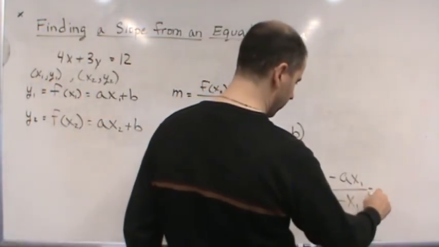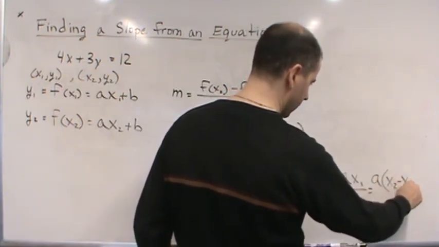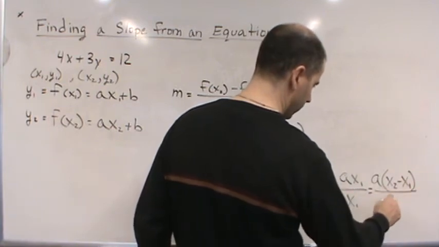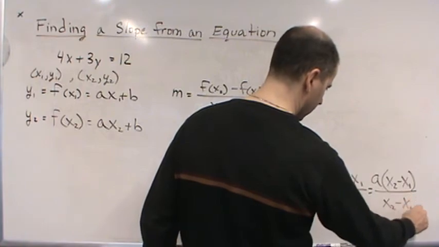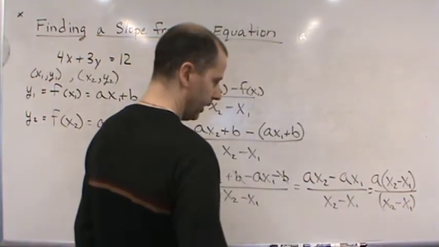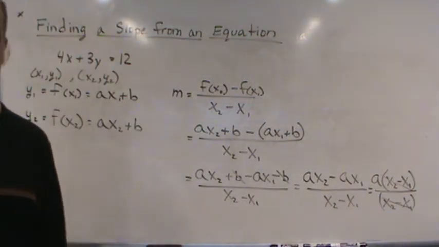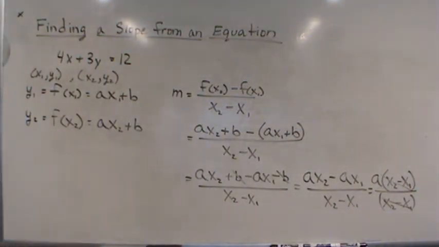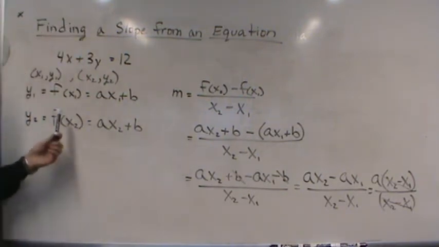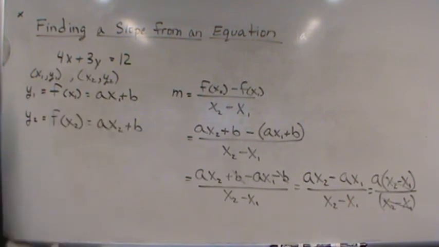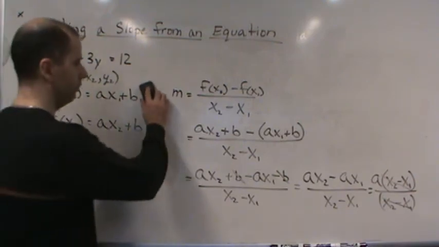And I end up with a times x2 minus x1 divided by x2 minus x1. And so this cancels with that, and I get a. And I'm done. So all I did was prove that the slope of a line in this form is going to be the a coefficient.